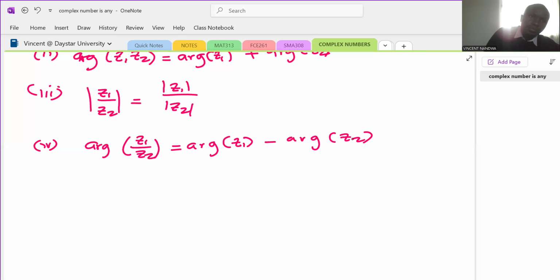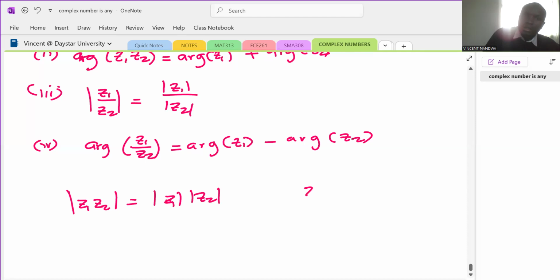For example, modulus of Z1 Z2 is the same as modulus of Z1 times modulus of Z2.